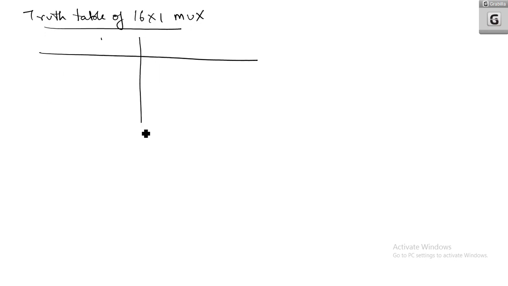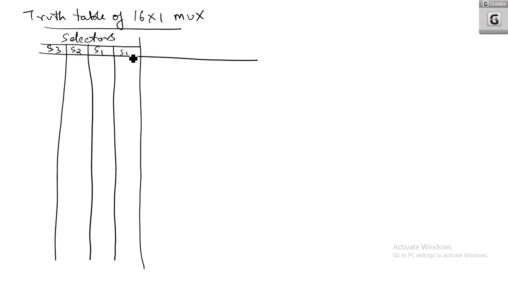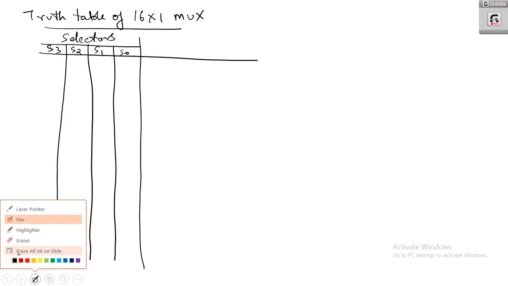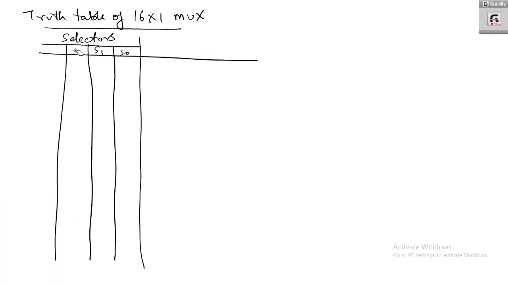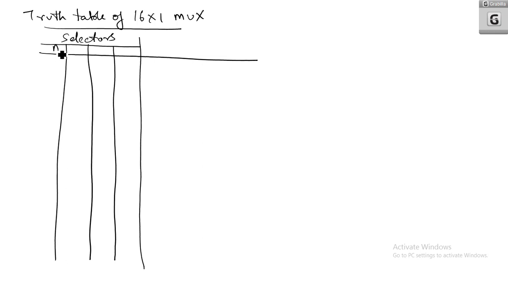The selectors are S3, S2, S1, and S0, or instead of that, let me make them A, B, C, and D. And this is the output, out.